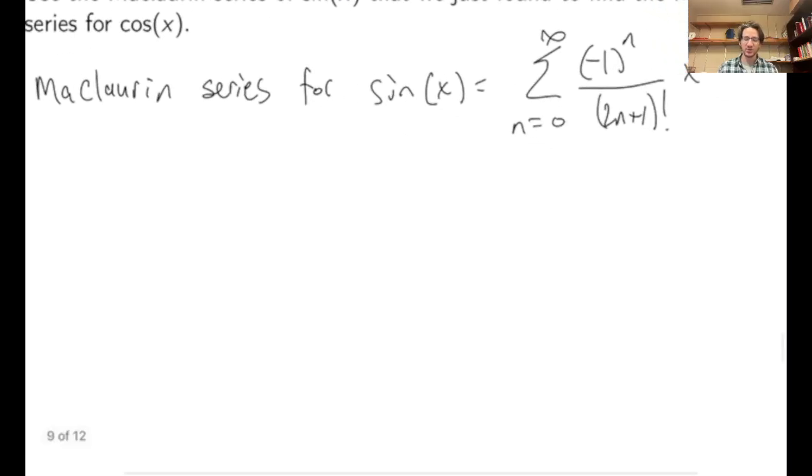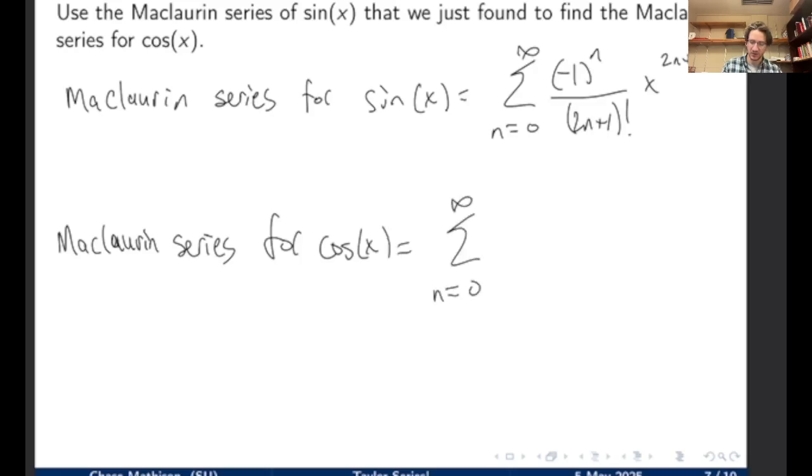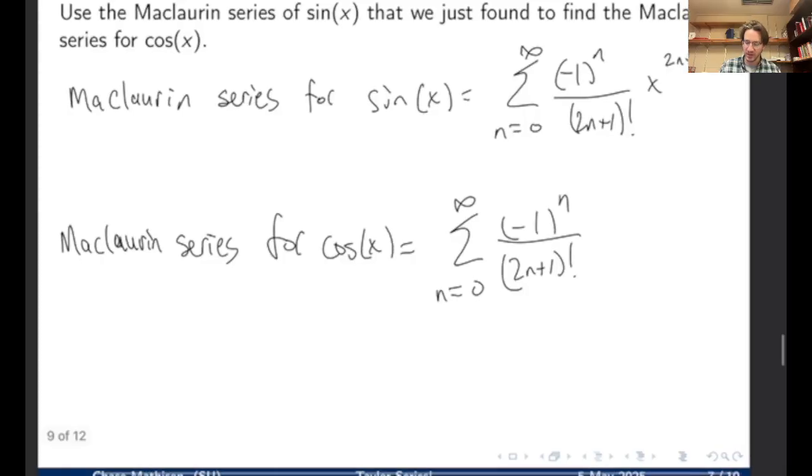So if I know the Maclaurin series for sine of x, then the Maclaurin series for cosine of x is the sum n equals 0 to infinity of -1 to the n over 2n plus 1 factorial. I took the derivative on the left. The derivative of sine of x is cosine of x. So I'll take the derivative on the right. The derivative of x to the 2n plus 1 is 2n plus 1 times x to the 2n.